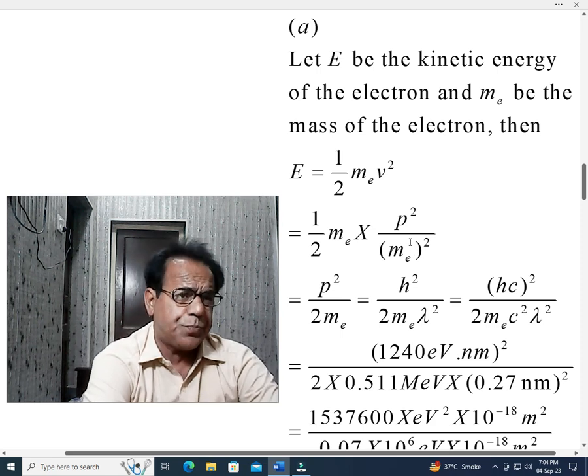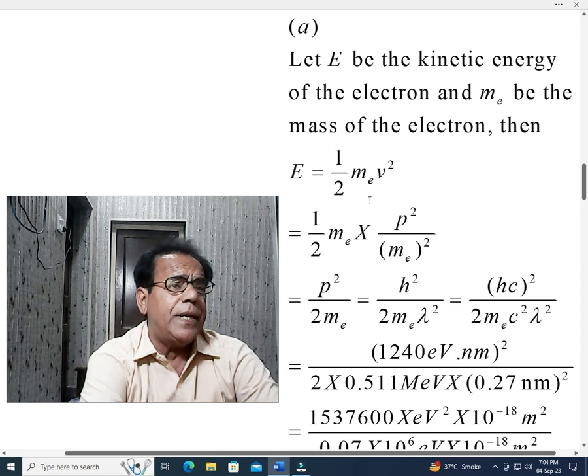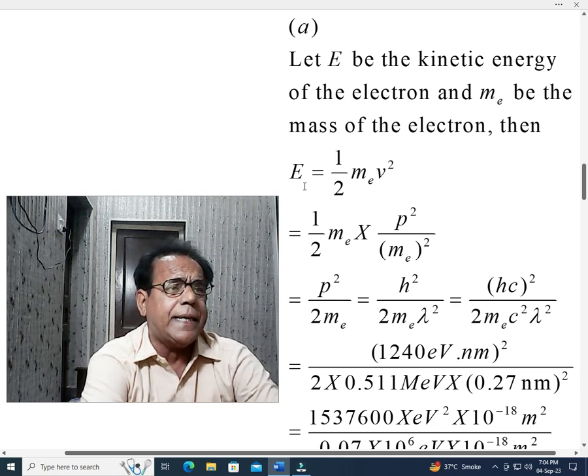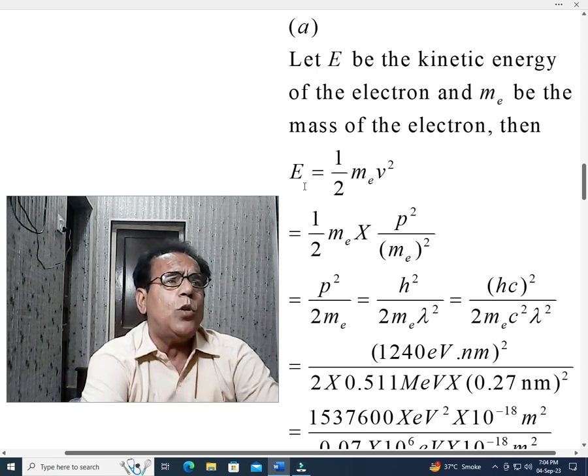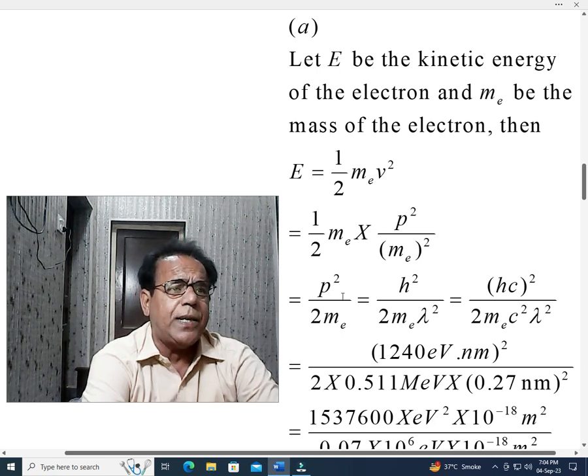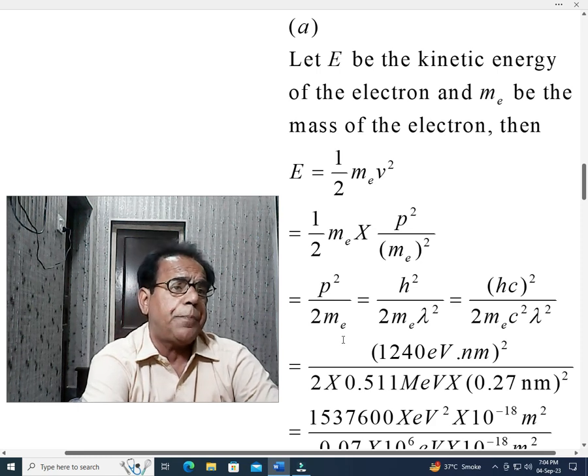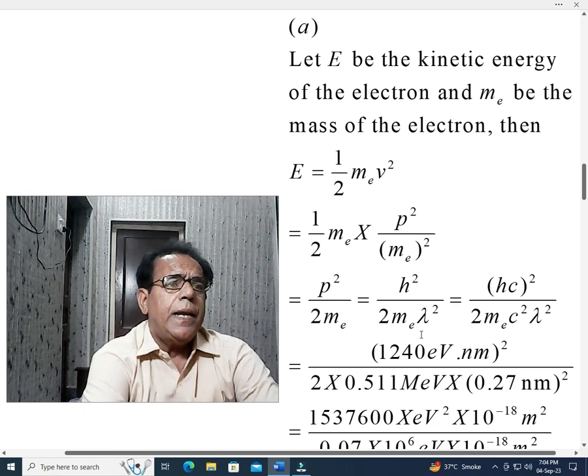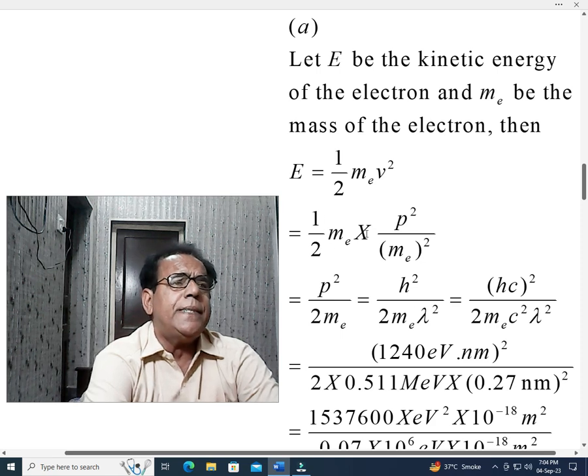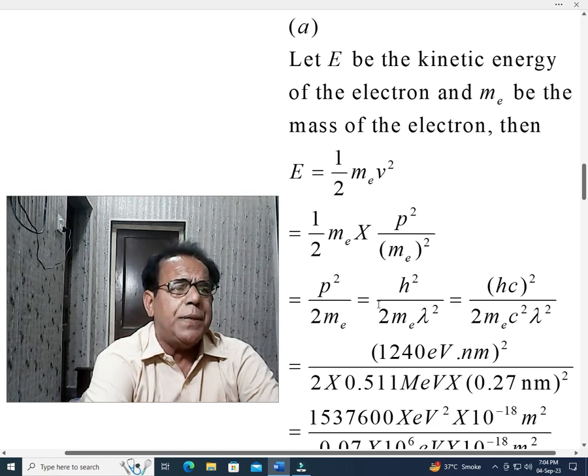By converting v in this form, one m_e will be cancelled, and we will get the kinetic energy of the electron equal to p square over 2 m_e.